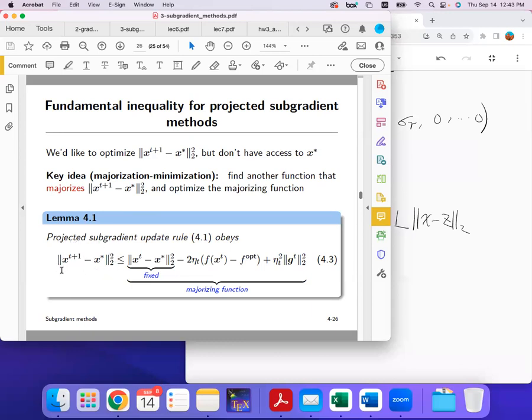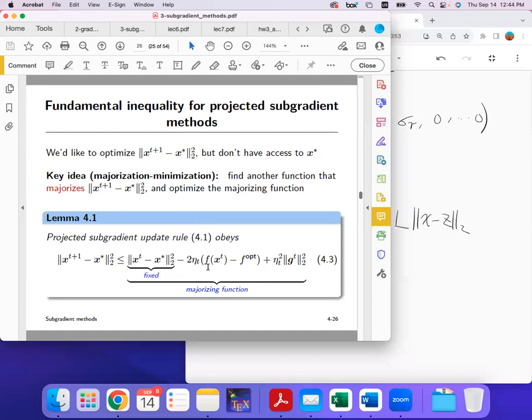This result shows that this distance can be upper bounded by the previous distance, from the previous iteration, with some additional terms. But it is not clear about the sign of these terms. The last term is definitely positive.